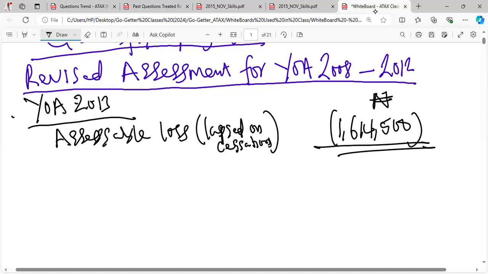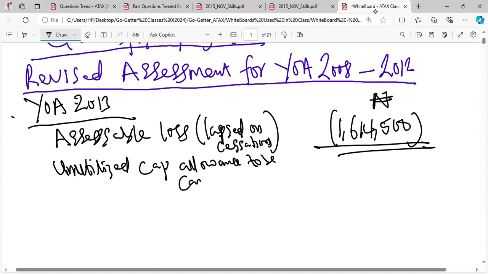Then this is unutilized capital allowance to be carried back.